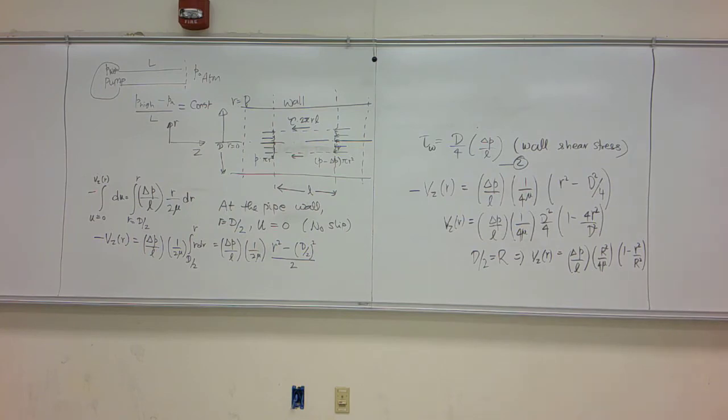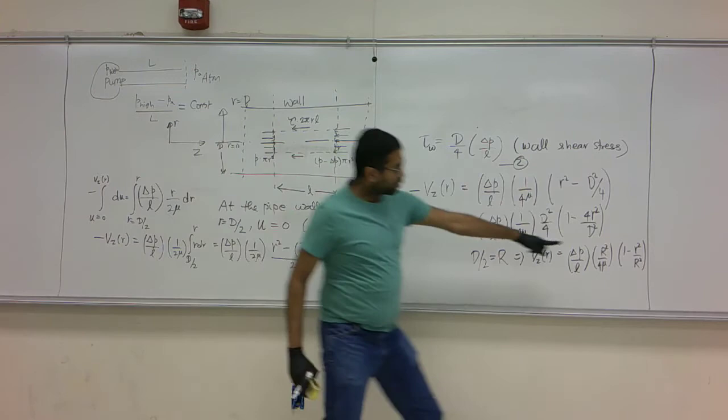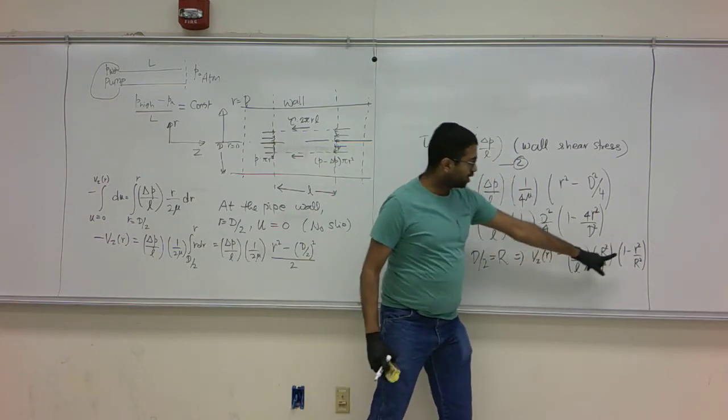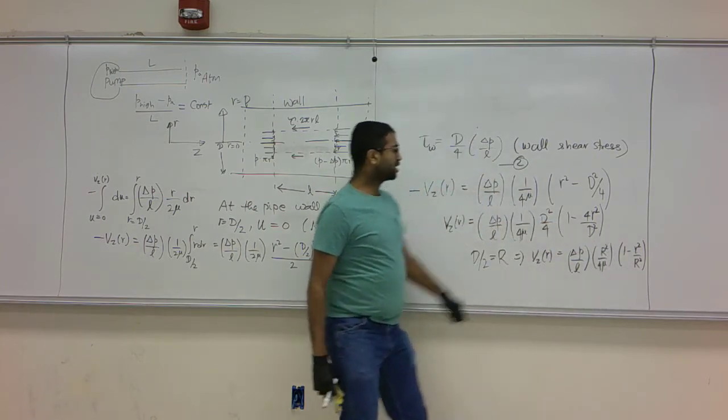This is the velocity profile in the pipe. If you substitute r equals the radius, you get 0. If lowercase r equals 0, you get the maximum velocity.